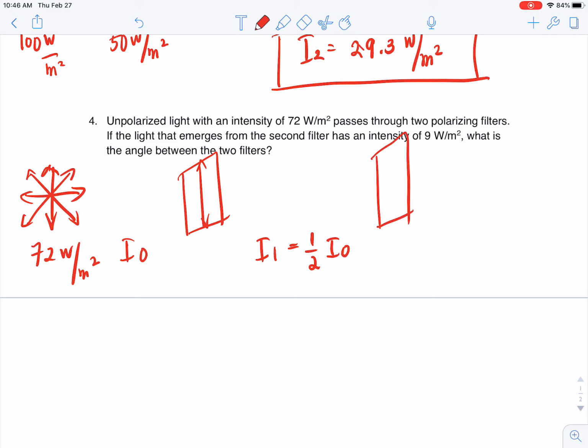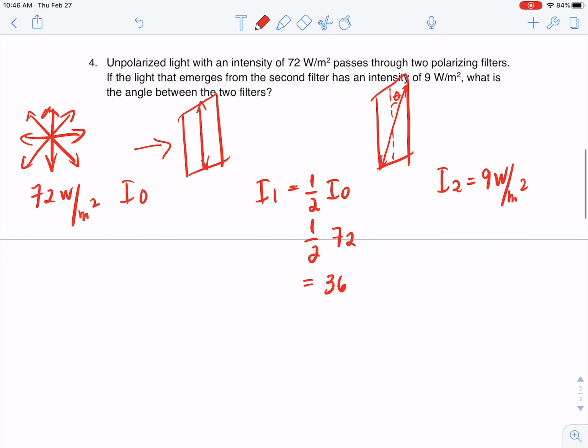Afterwards, we have this, and this is the angle. But we know that after passing through this, it is 9 watt per square meter. So how can we determine this? After it passes through the first one, this is 1/2 times 72, which is equal to 36. So I2 is equal to I1 cosine squared theta. I2 is 9, so 9 is equal to 36 cosine squared theta.